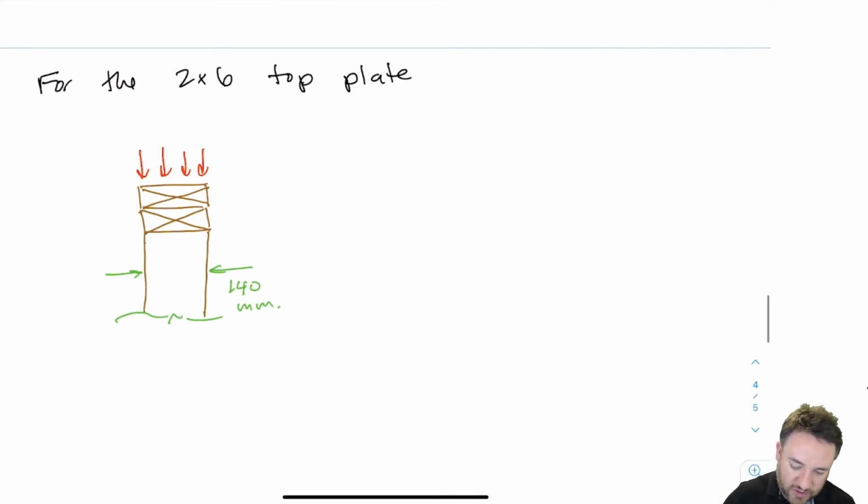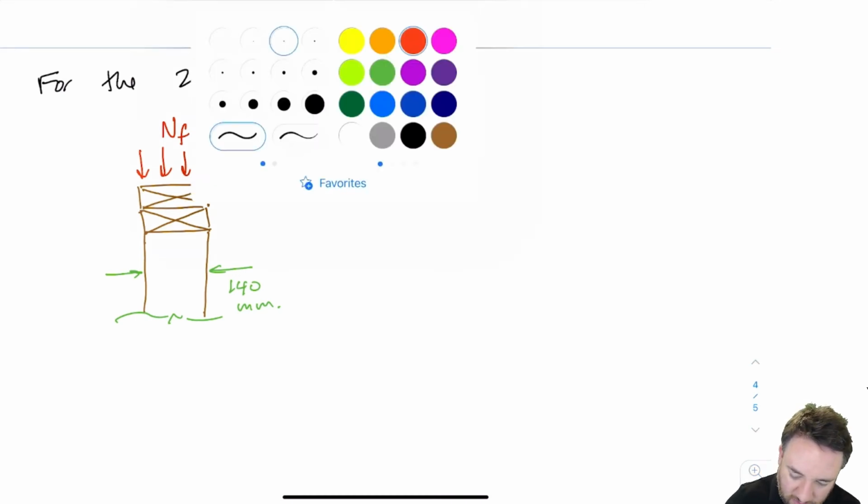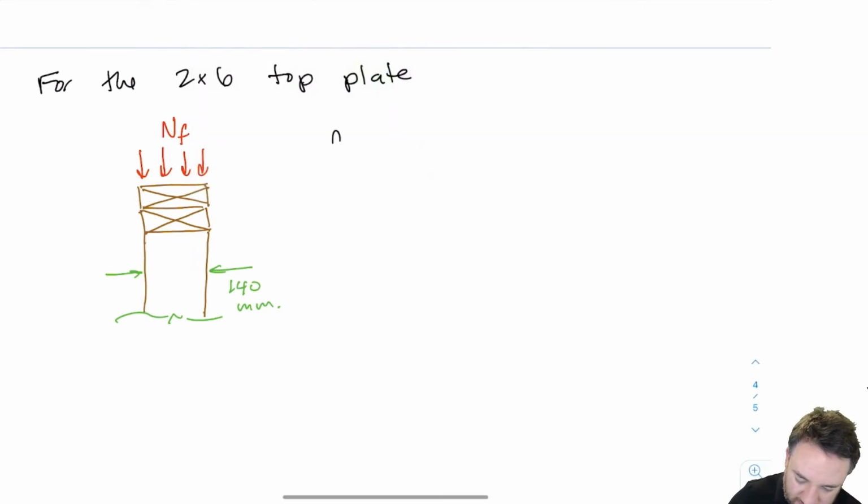Okay, down here, we have again NF in the other direction, right? It's basically the vertical load from the joist onto the top of the wall assembly here. And we need to figure out all the same things. We need FC, we need FCP, we need KD, which we know is equal to 1.0.